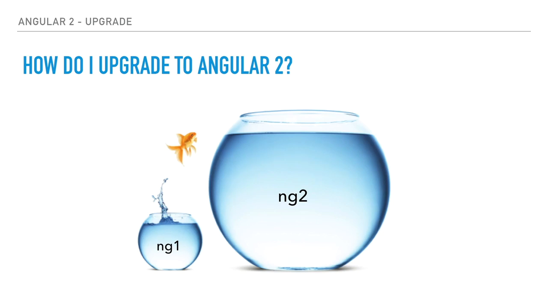The migration will take time, but there are several things that you can start doing for migrating from Angular 1 to Angular 2. So when people ask me about this, how do I upgrade to Angular 2? The first thing that I will suggest is you should focus on writing good Angular 1 code.